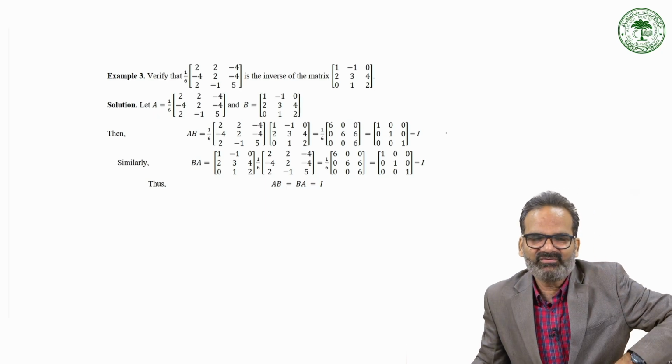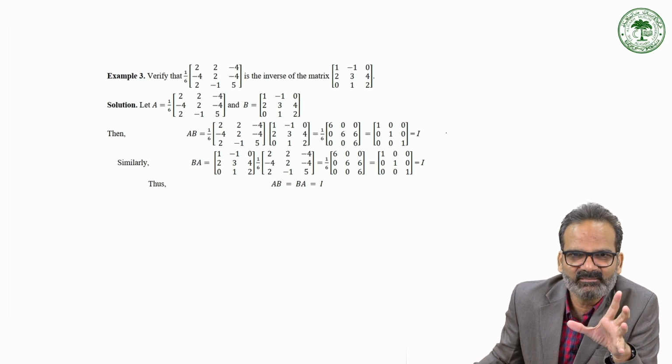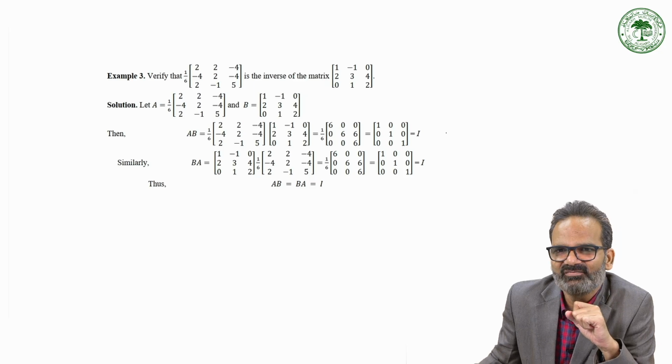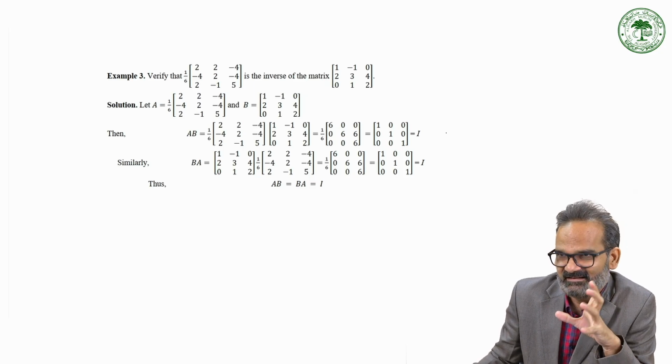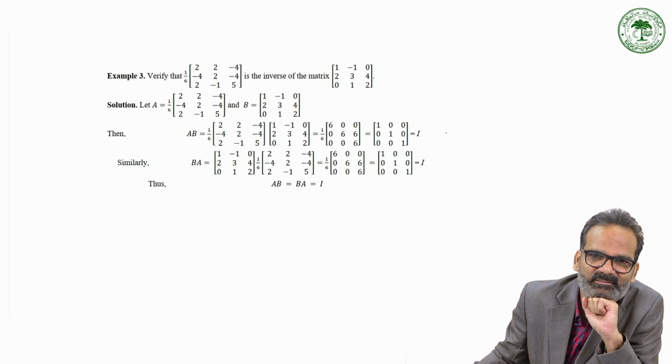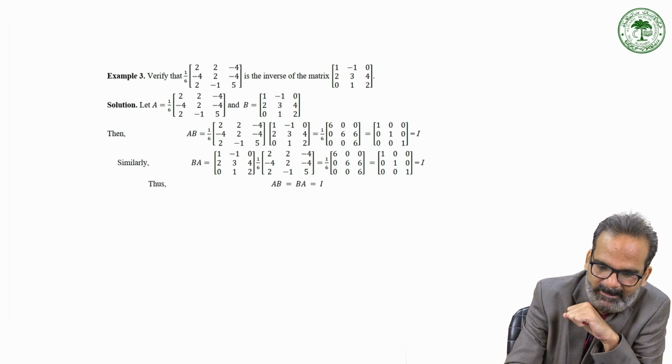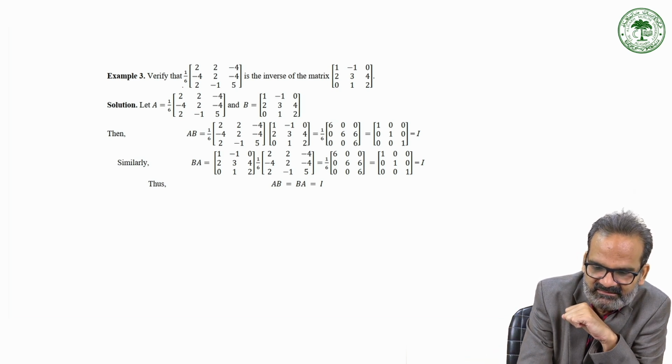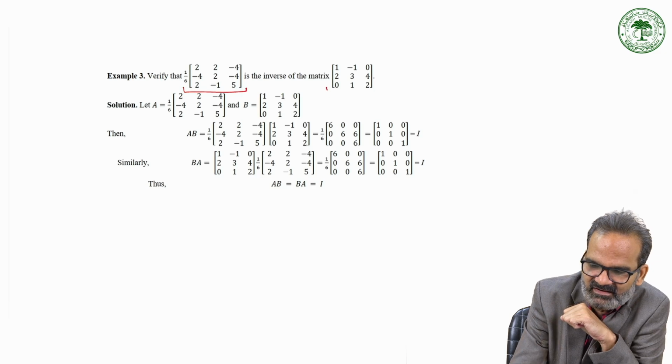In this case, verify that 1 upon 6 of this matrix is the inverse of this matrix. This exercise is completely based on the formal definition of an inverse. You have been asked to show that this matrix is the inverse of this one.